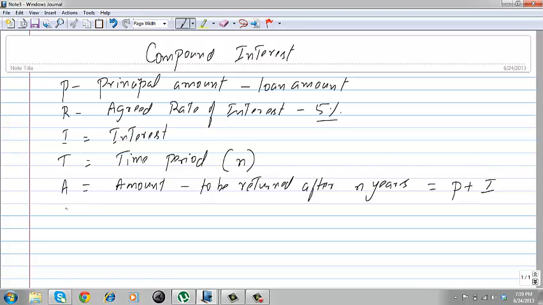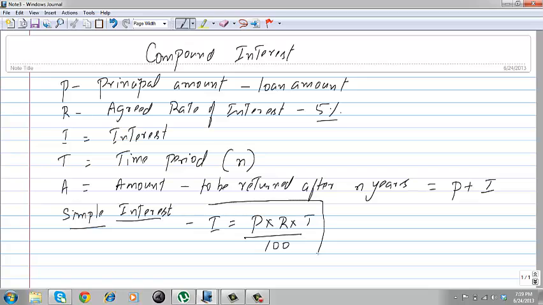Now, in the case of simple interest, as the name suggests, it's very simple. We say that simple interest I equals P into R into time divided by 100.